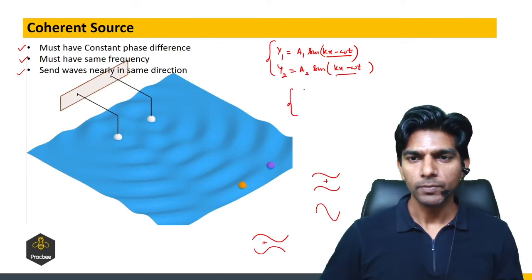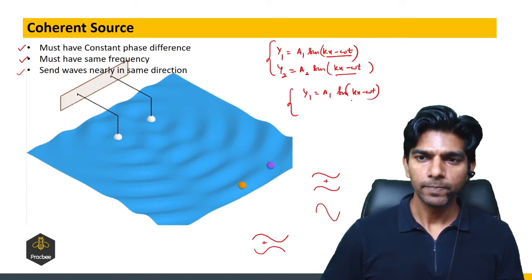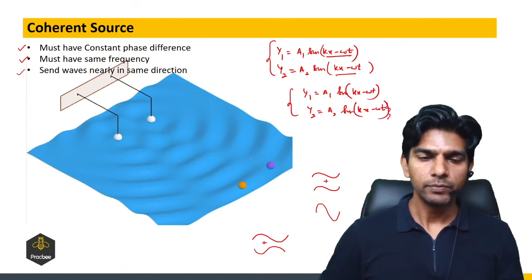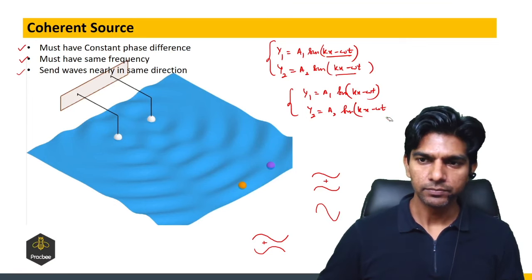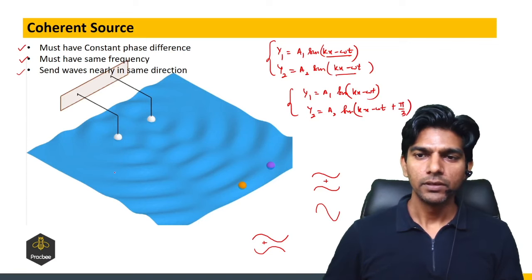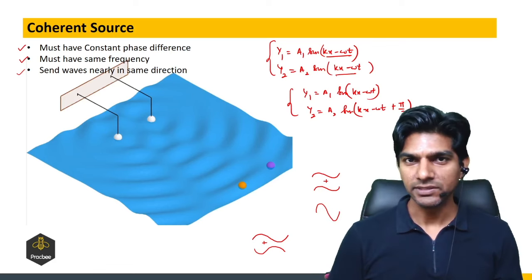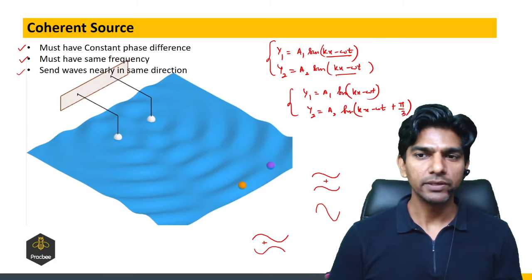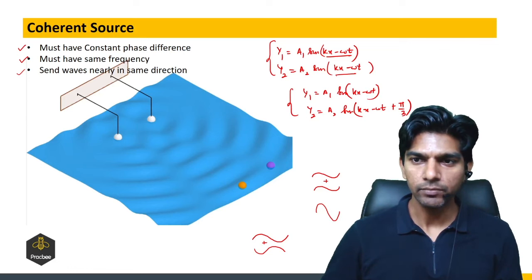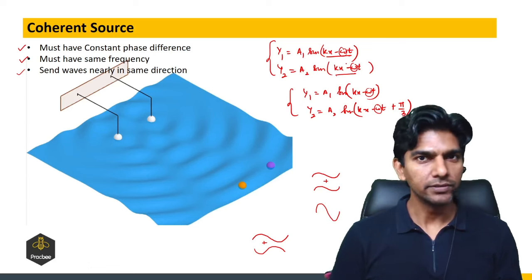Let us see another case where y1 is a1 sine(kx minus omega t), y2 is equal to a2 sine(kx minus omega t), and let me take some phase difference between them, let us say pi by 3. Now the phase difference between these two waves will be pi by 3. Again, the phase difference is a constant value, that is pi by 3, and both have the same angular frequency. Similarly in this case. So these are examples of coherent sources.